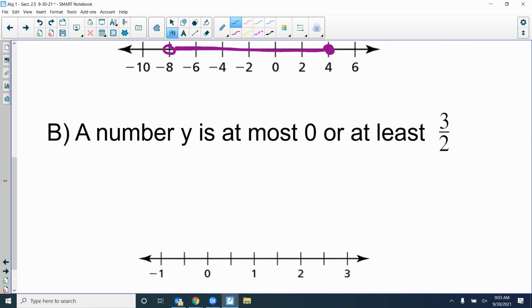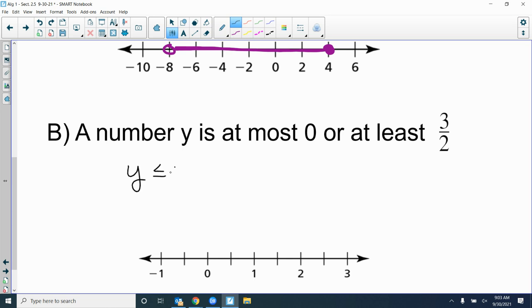A number y is at most 0, or at least 3 halves. Now, at most or at least tend to throw people off at times. Okay, what do you think? Let's just do the first part: number y is at most 0. What's that going to look like? Ava? Y is less than or equal to 0.